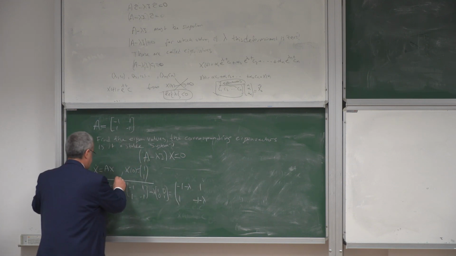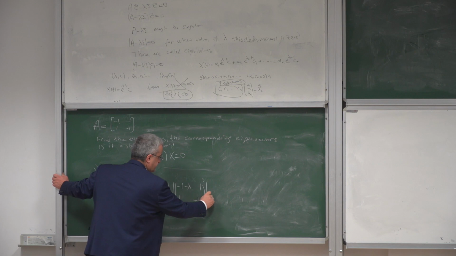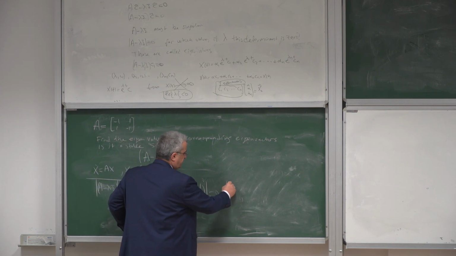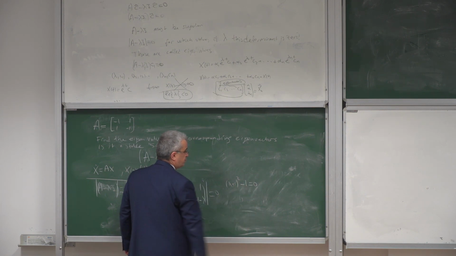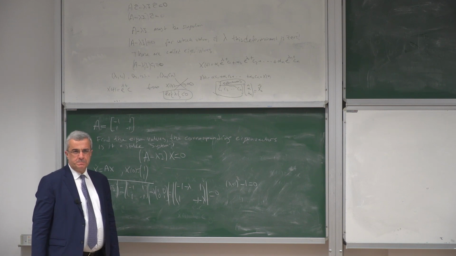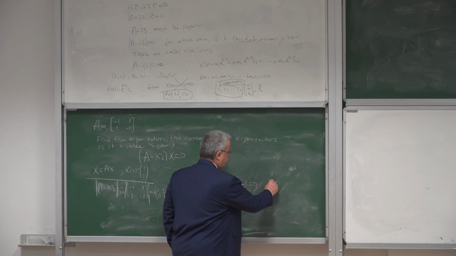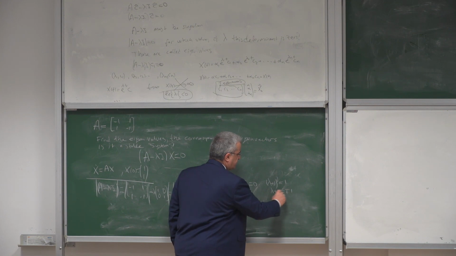So you take the determinant of that and set that equal to 0. So what is the determinant equal to? Lambda plus 1 squared minus 1 is equal to 0. So this tells you lambda plus 1 squared is equal to 1, so lambda plus 1 is equal to minus or plus 1.